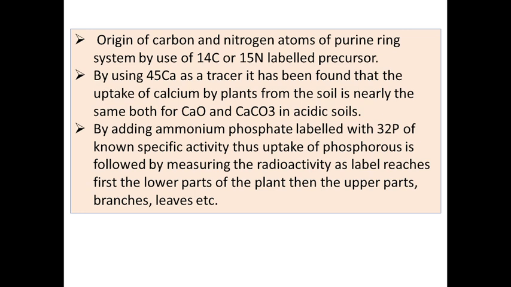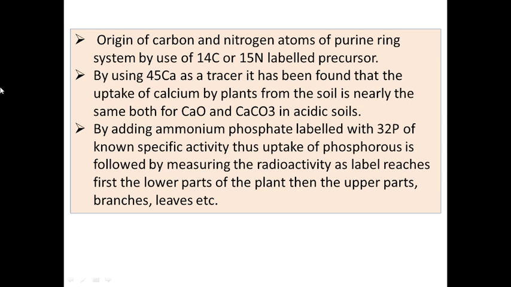By adding labeled ammonium phosphate, where the label compound has 32 phosphorus as precursor of non-specific activity, the uptake of phosphorus is followed by measuring the radioactivity as the label reaches first the lower part of the plant and then the upper part, branches and leaves.